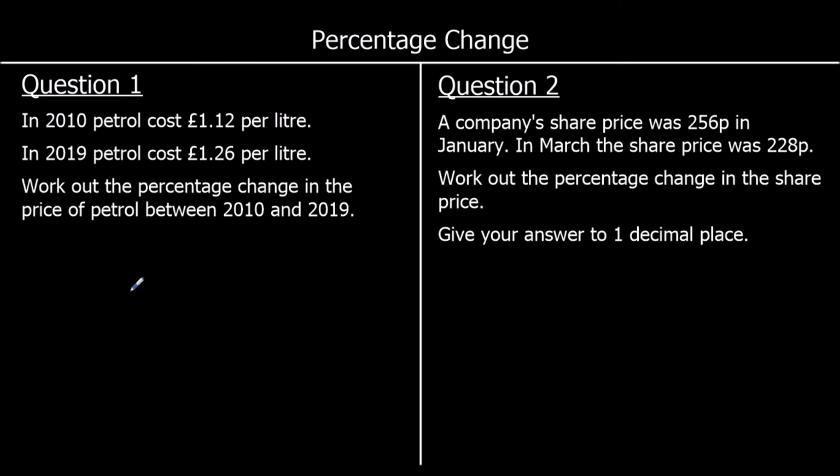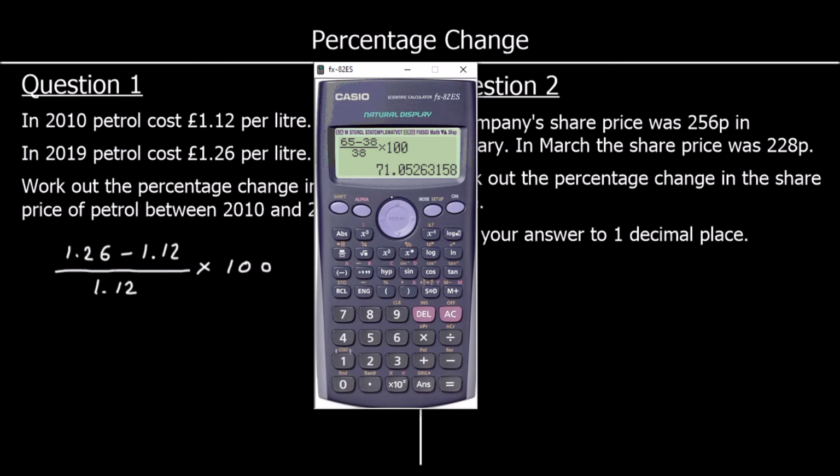So we're going to do change over original times 100, or new minus original over original times 100, and type it into the calculator.